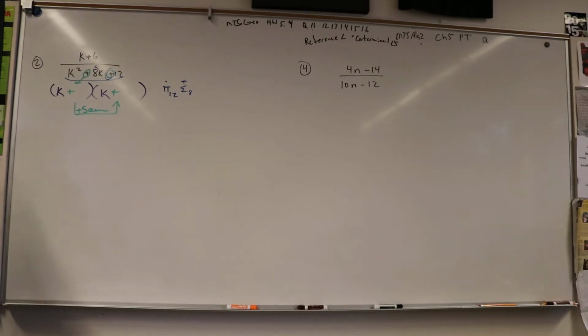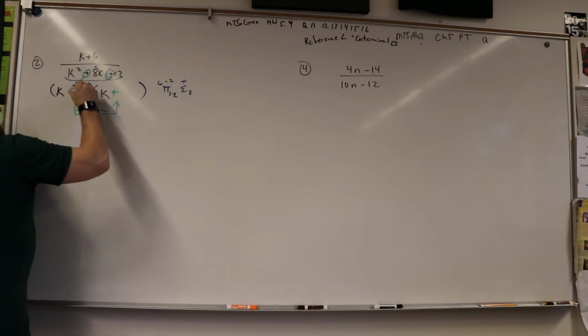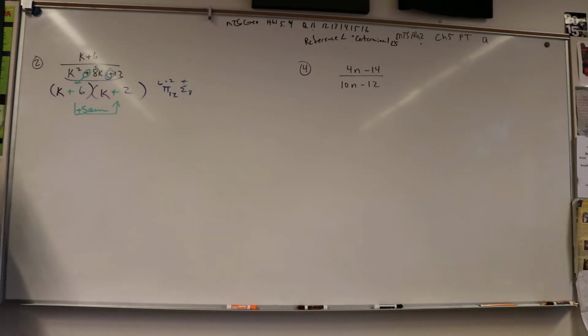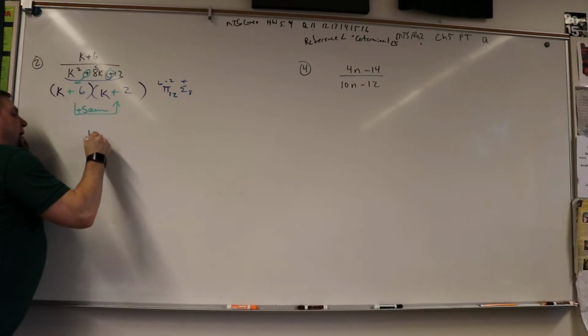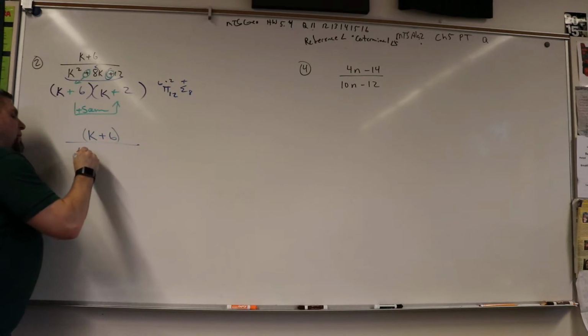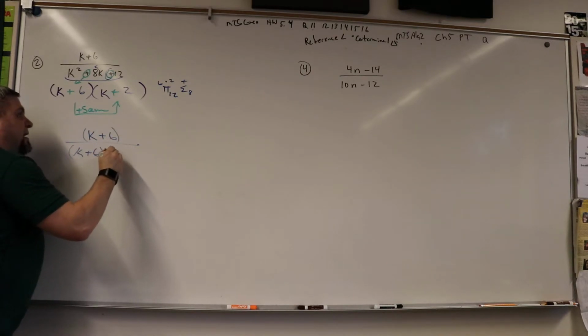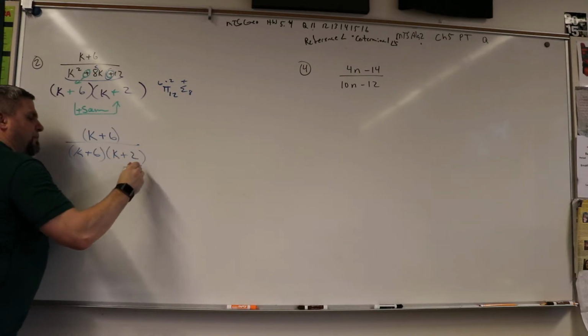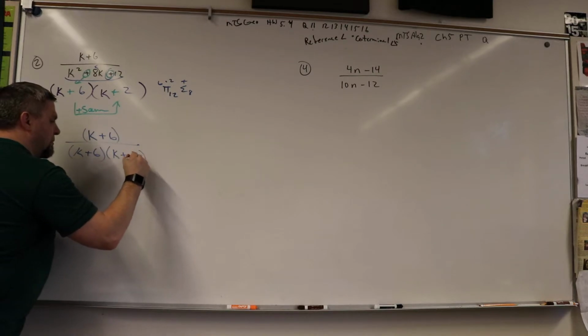That means always big number first. So we're going to rewrite this: K plus 6 over K plus 6 times K plus 2.